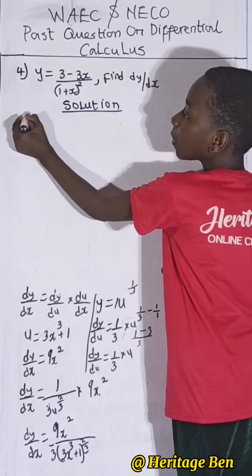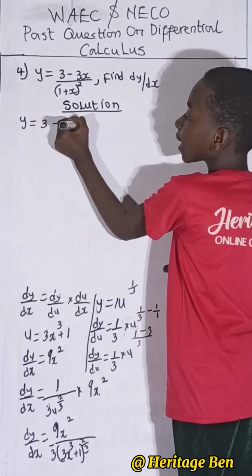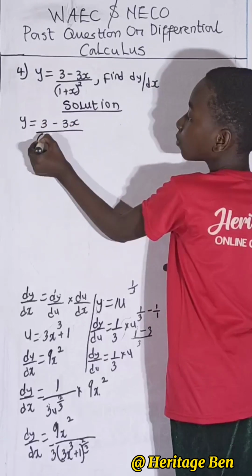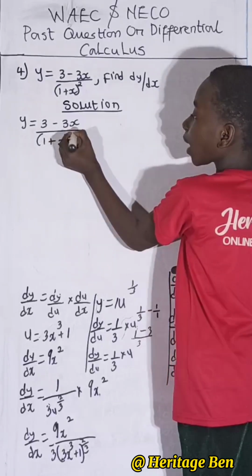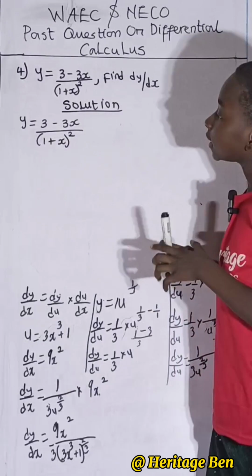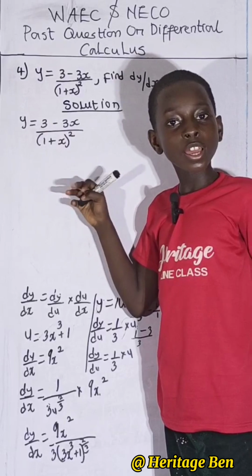We are given y is equal to (3 minus 3x) divided by (1 plus x) raised to the power 2. Find dy/dx. That is, we are asked to differentiate y with respect to x.